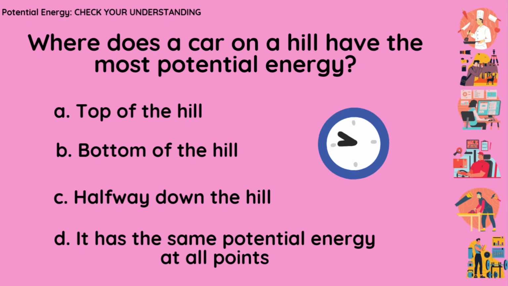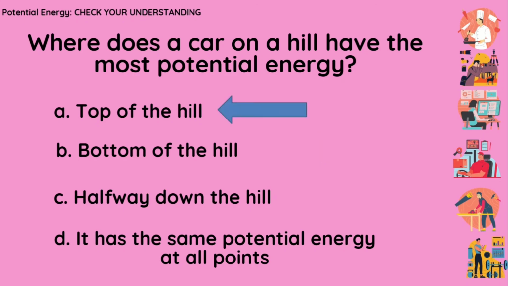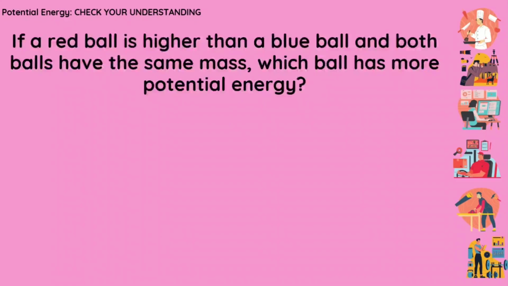Sa gitna ba? Sa ilalim ba? O pare-parehas lang? What is your answer? The answer is letter A. Of course, sa pinakamataas na posisyon, doon may mas mataas na potential energy. So, it is gravitational potential energy.